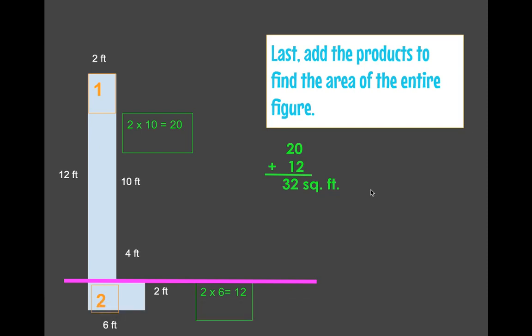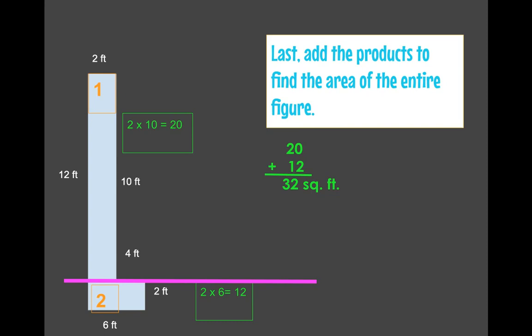So just a quick review of our steps. First, you decompose the composite into rectangles. In this case, we drew that pink line. Then you label the 2 rectangles, 1 and 2, just to help you keep track. Then you find the area for each one of those rectangles and pay attention to your labels. Make sure you're using the right ones. And then the last thing you do is you add those 2 areas together, and you get your total area for the composite figure. 12 plus 20 equals 32 square feet.